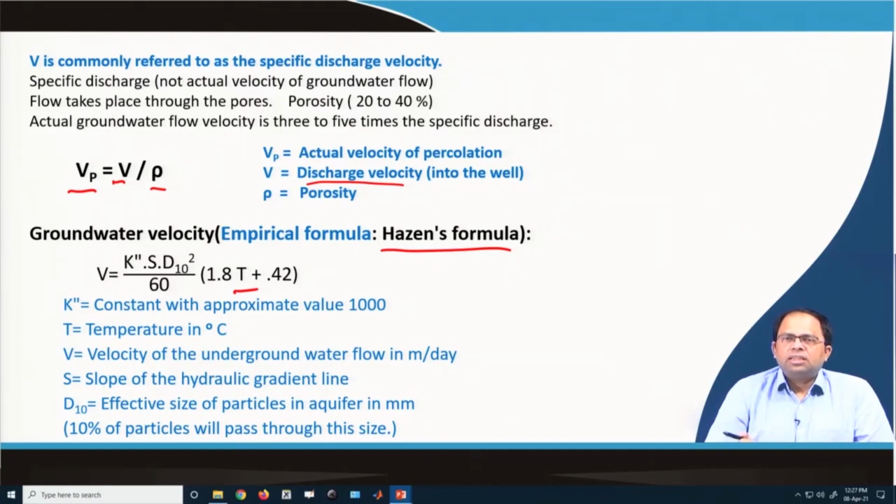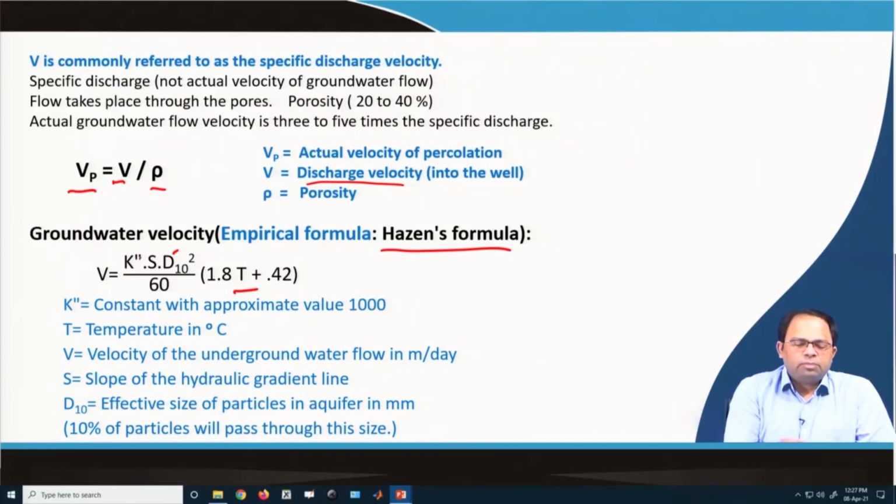So, if I mention a particular size of particles, at least 10% of the particles will be of that size. So, D10 is the effective size of particles in the aquifer in millimeter. The size of the particle is also an indicator of porosity. So, porosity is being considered, and K dash is a constant with approximate value of 1000.